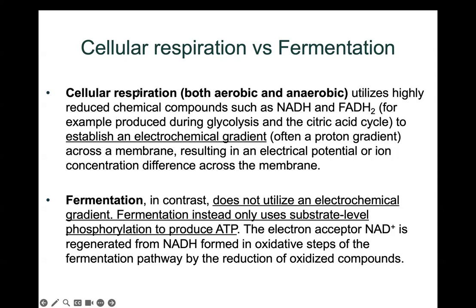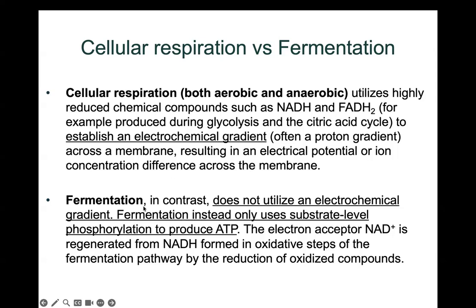So in cellular respiration, you get energy from substrate level phosphorylation. So remember, this is in glycolysis. When you break down glucose in glycolysis, you're giving energy to phosphorylate ADP to create ATP, but you also use oxidative phosphorylation, which is technically chemiosmosis.